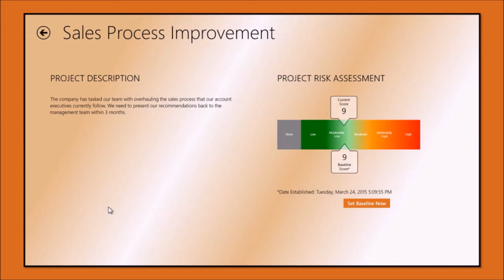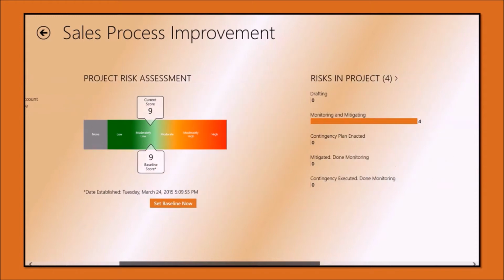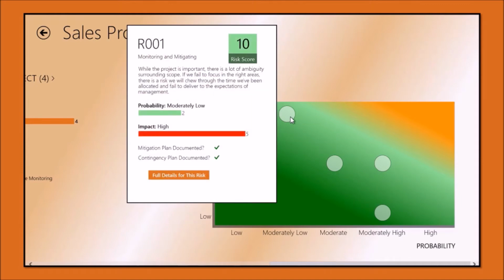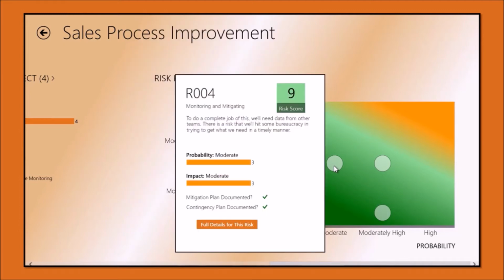Tap or click on any of the plot points to drill down into risk details. The risk status bar chart shows a count of risks broken out by status. Tapping or clicking on the header of the bar chart brings you to the risk list page. The baseline versus current score indicator provides a snapshot of where the overall project risk sits relative to the previously established baseline.